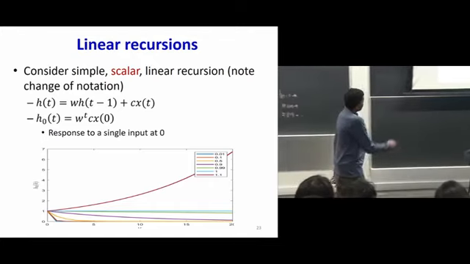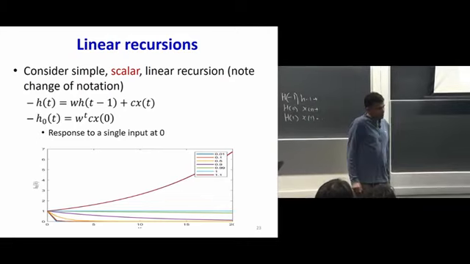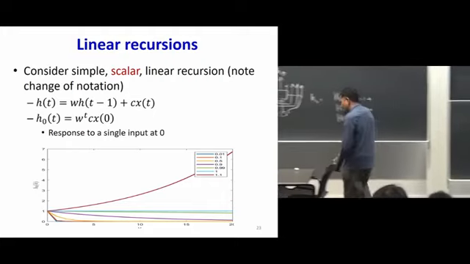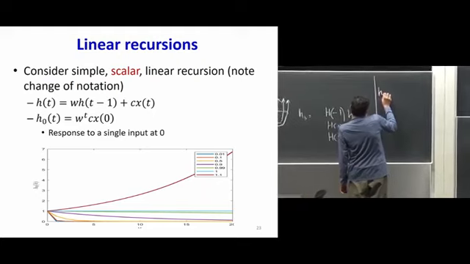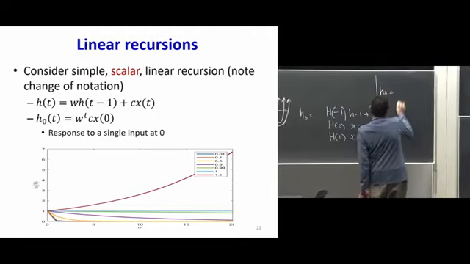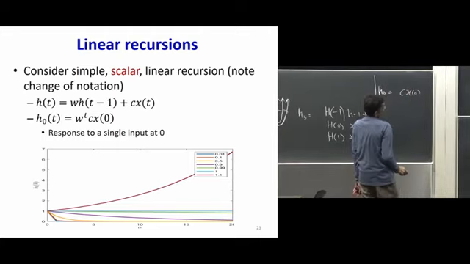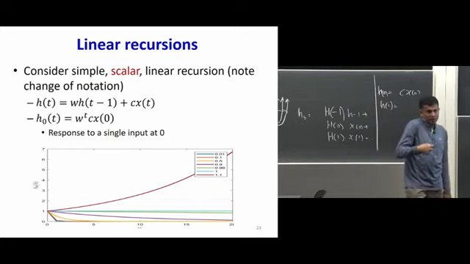So in that case, here's what we're going to have. The response at any given time t is simply w times h of t minus 1 plus c of xt, right? So from this, we can figure that h of 0 is simply going to be, what was that? W times c of x0, is it? The h of 1, at h of 1 there's no more input, all you have is the h of 0.